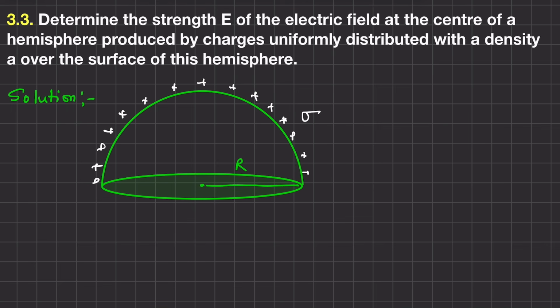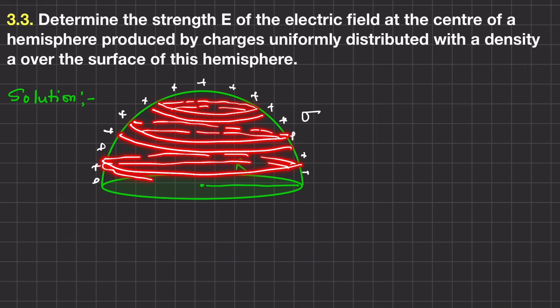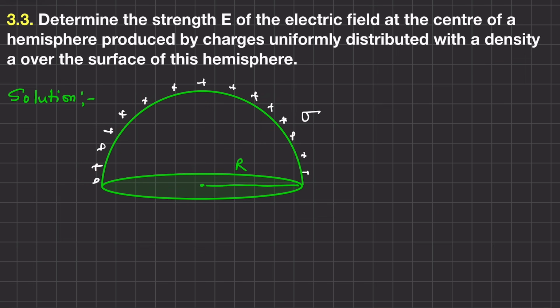Okay, so if you see guys here, this is a hemispherical shell. You know that if you want to make a shell, you want multiple ring elements like this. These ring elements, which I am making here, when you combine them, you are going to get a shell.